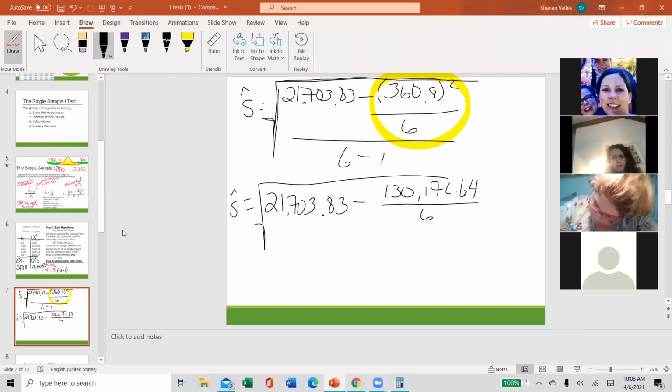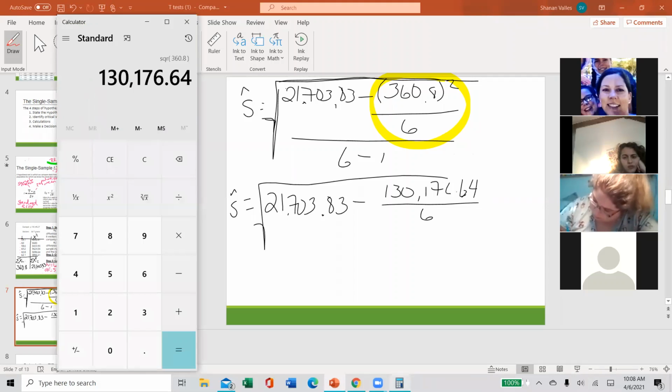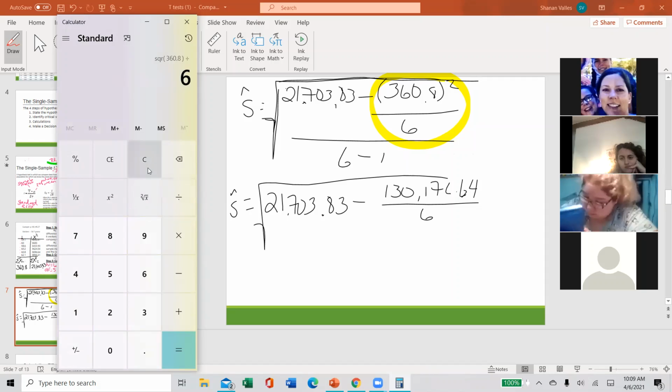Now, if you want to save space and not have to write all of that out, as soon as you square that number and you get this huge number right here, you could go ahead and divide it by 6, divide it by the n, just to save yourself a little bit of time.